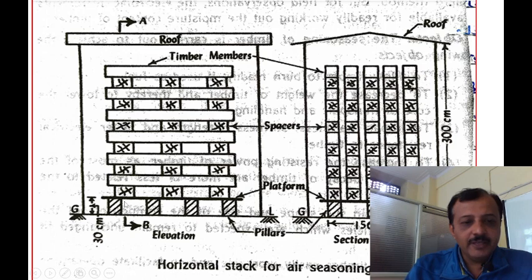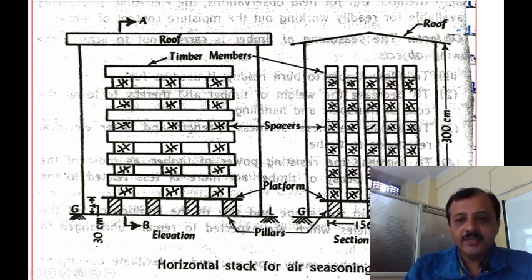The arrangement is made 30 centimeter above the ground over a platform. At the bottom also we give pillars as support, and over these supports we place a platform, and over this platform the timbers are stacked. The timber is covered by a roof, so that the rain does not affect the seasoning of timber. That's why this type of roofing has been provided.